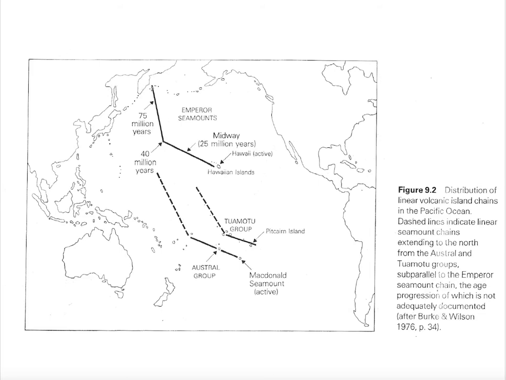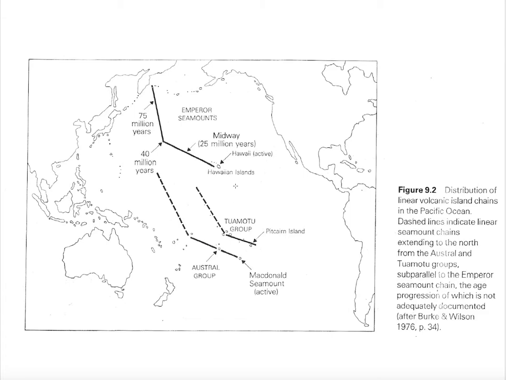Then we have a lot of volcanic eruptions along these lines between 75 million years and 40 million years back. And then we have here midway 25 million years, and then we have now the Hawaiian Islands, and they are still active. At least one is still active, yeah?